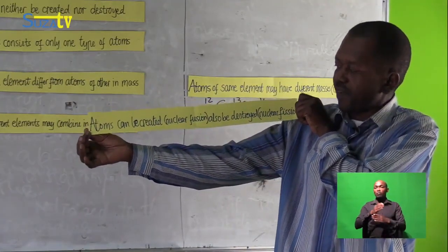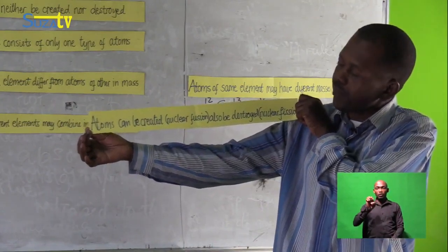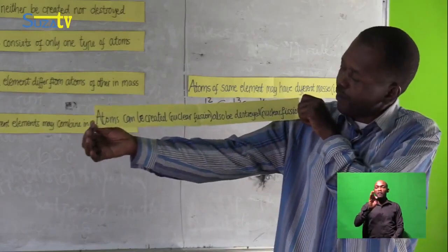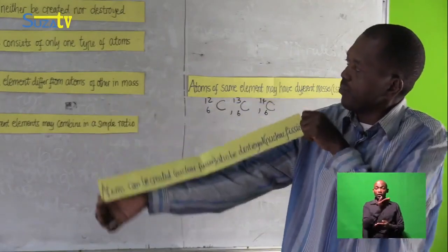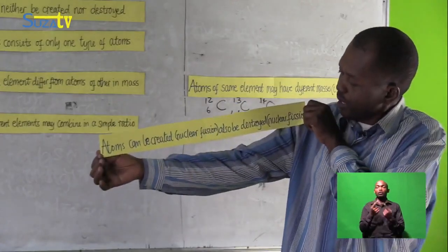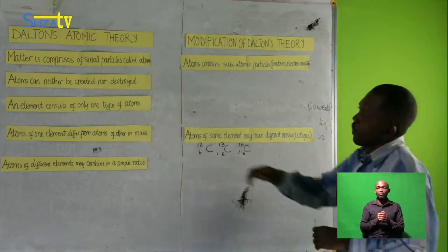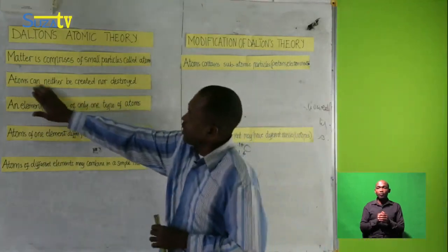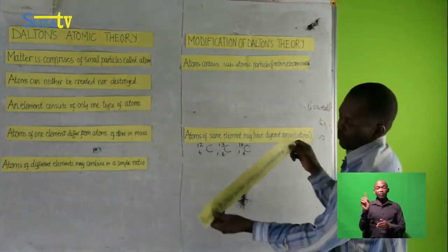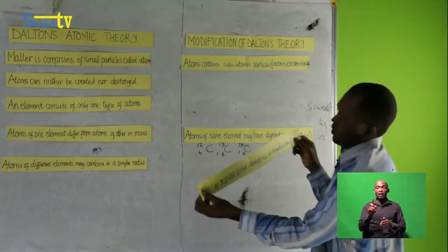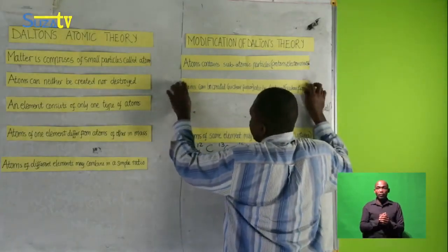So we have nuclear fusion, whereby an atom can be created, and nuclear fission, whereby an atom can be destroyed. Directly we have that atom can neither be created nor destroyed, but this one opposes that statement. So we can put it over here because it matches.